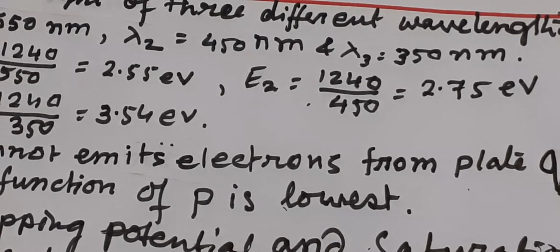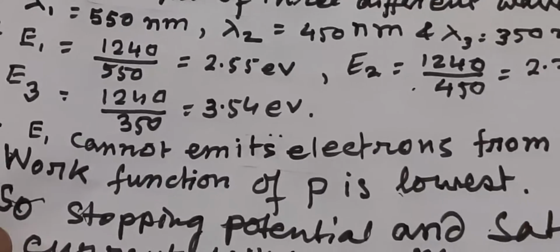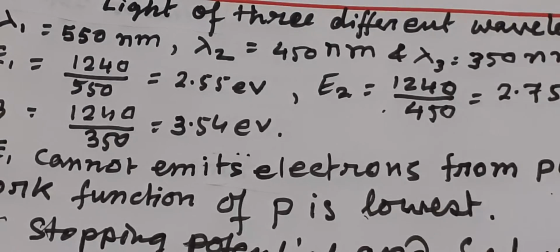Now from here, what can we conclude? That means the work function of P is lowest, that is only 2 electron volt.